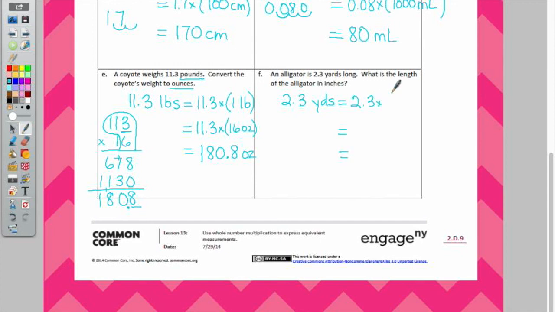So I'm going to do 2.3 yards equals. And 1 unit is 1 what, boys and girls? 1 yard. You've got this. And then how many inches? Ooh, look what I forgot to underline. 36 inches. Is this standard algorithm again? Yes, it is.